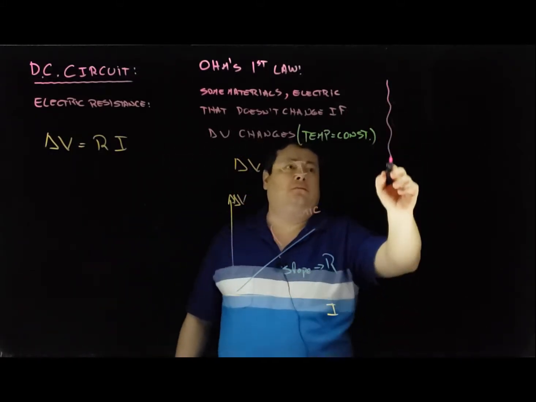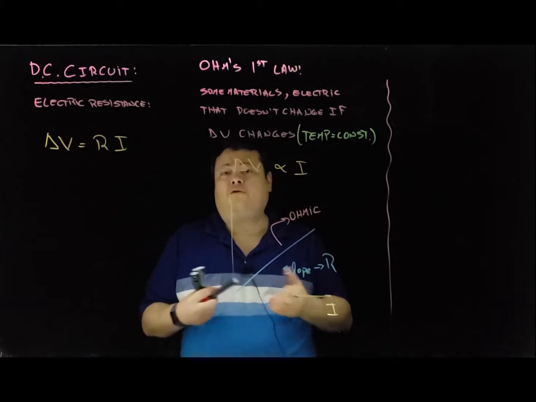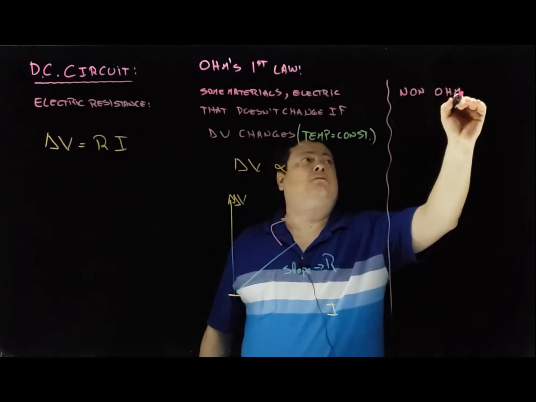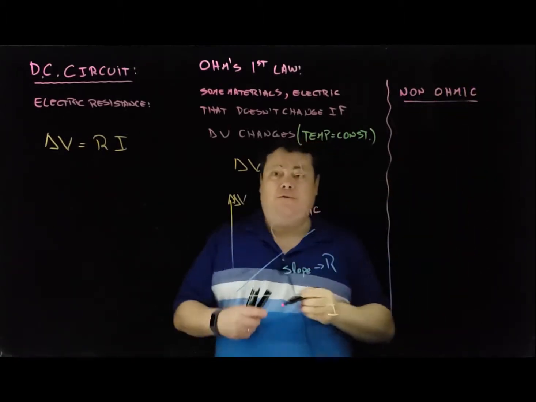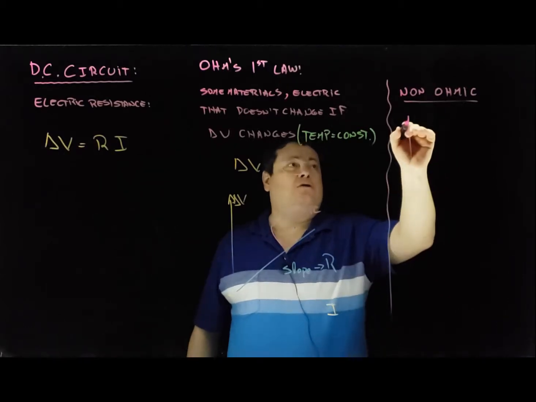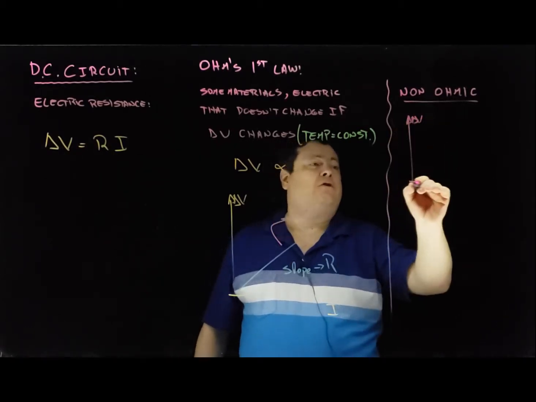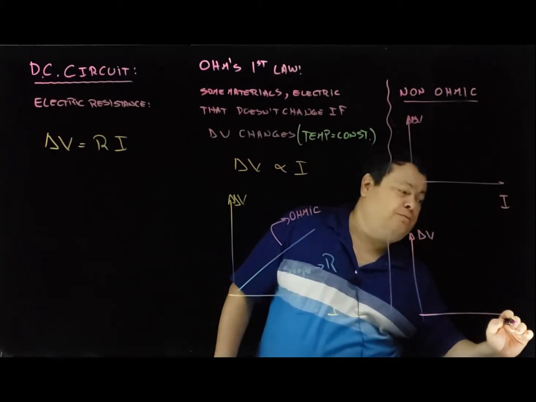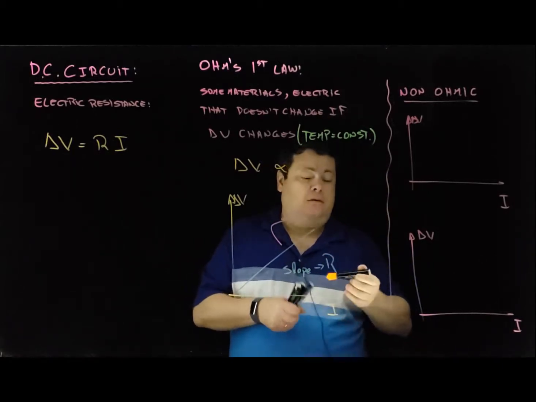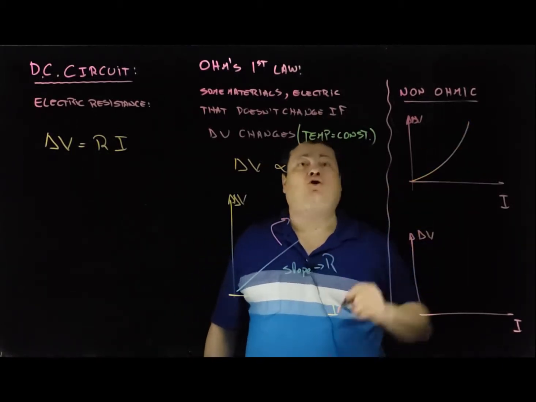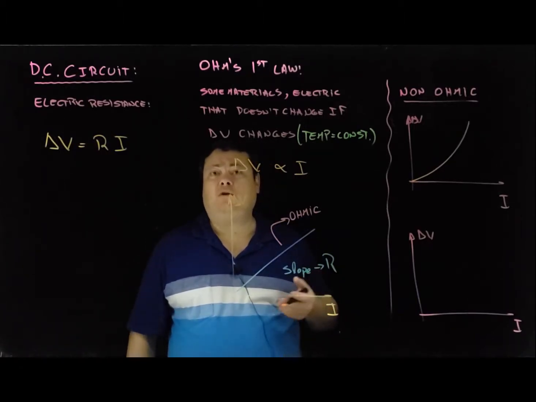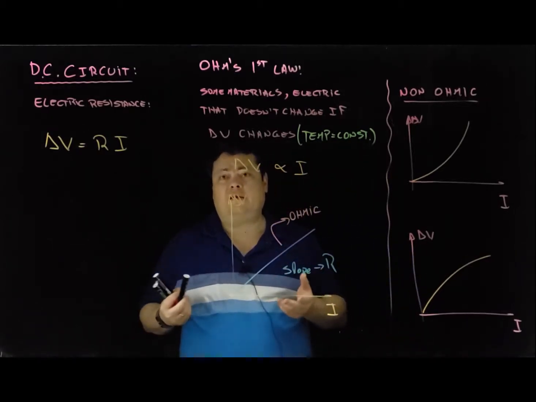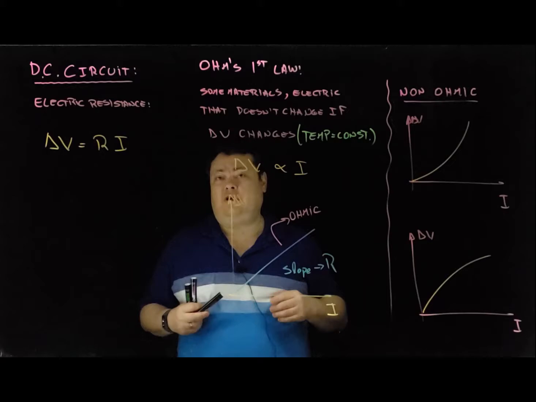Now, materials that do not follow this behavior, which would be the non-ohmic materials, their typical voltage versus current graph could be, for example, either something like this, showing an electric resistance that increases as voltage is increased, or maybe something like this, showing a resistance that decreases as voltage increases.